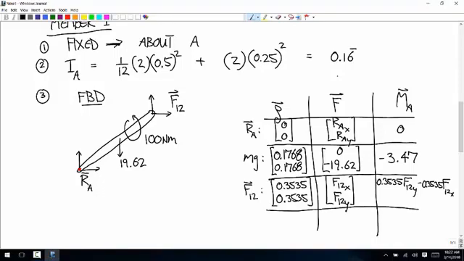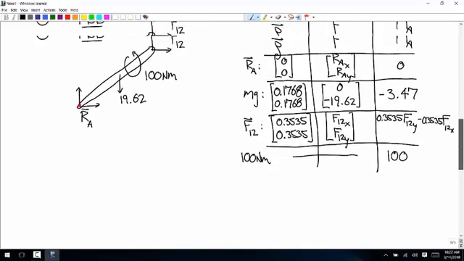And then last is the couple. We don't care about these, so we'll just add that on as a positive 100. Yep, exactly.